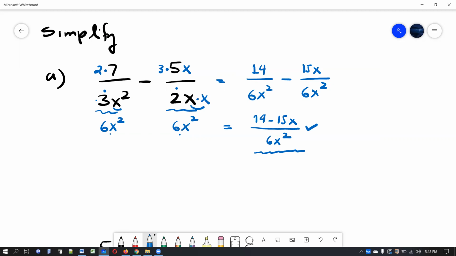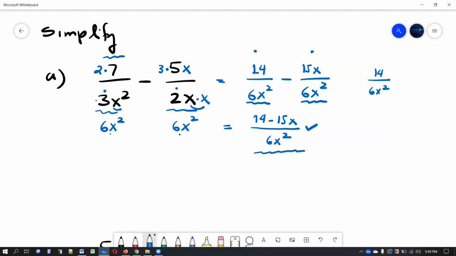This is all you have to do, the key thing being making sure the denominators are the same. And after you do, you may have to adjust the numerators just like I did over here. Notice that when you simplify the new fractions, they should be identical to the original.